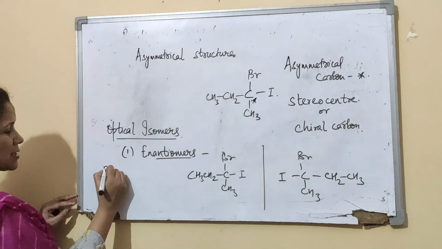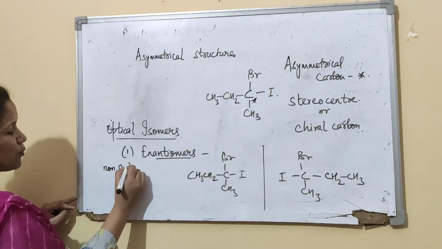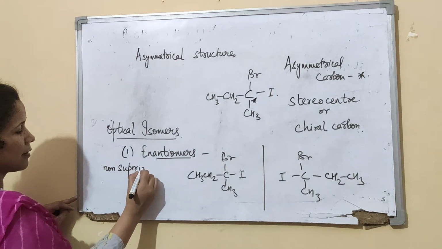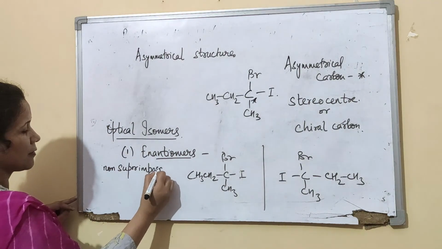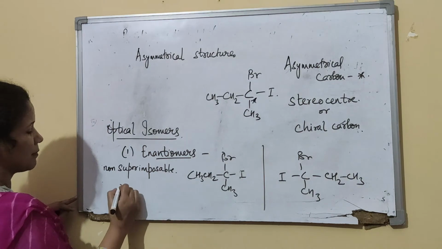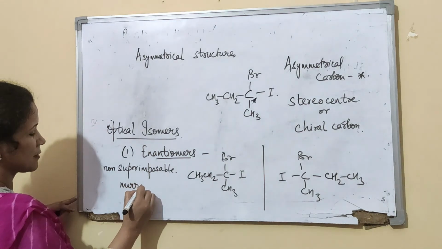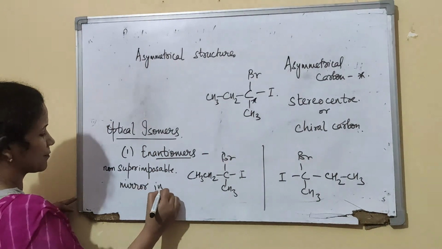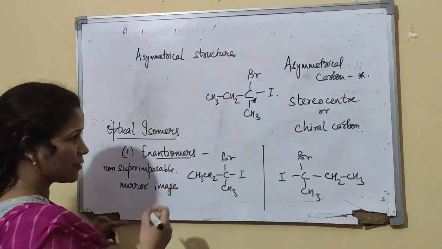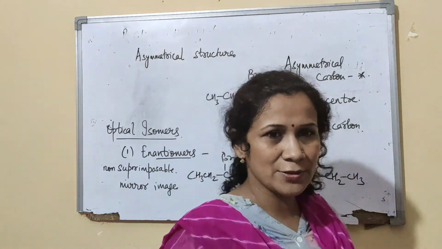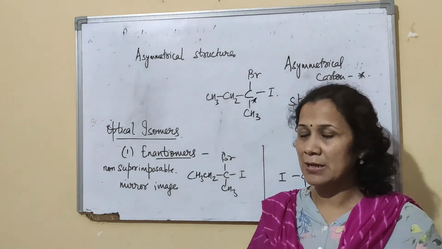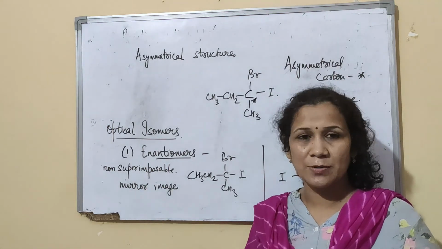So enantiomers are nothing but non-superimposable mirror images. Because they differ in the optical activity, they are optical isomers. And what type of optical isomers? They are enantiomers.